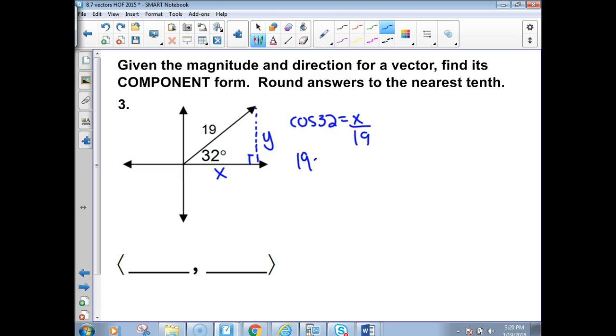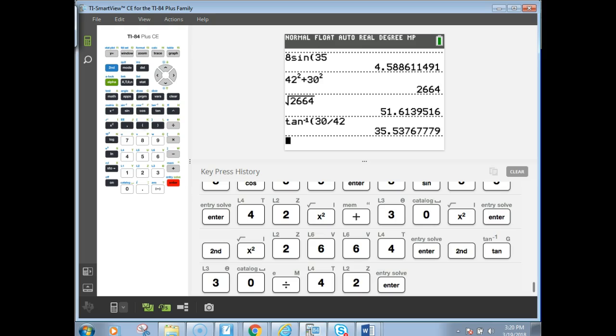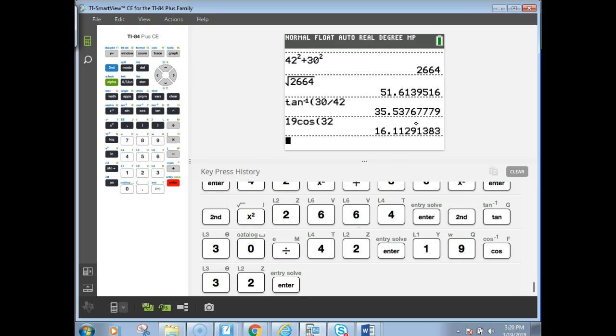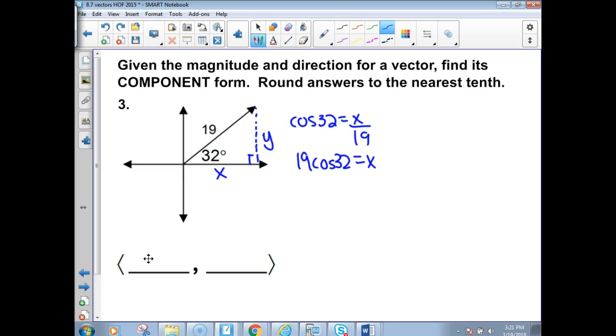You will calculate 19 cosine 32 and get x. 19 cosine of 32. I got 16.1. We are in quadrant 1, so that's positive. To get the y component, opposite over hypotenuse would tell me to use the sine of 32 equals y over 19. So we'll calculate 19 sine 32.